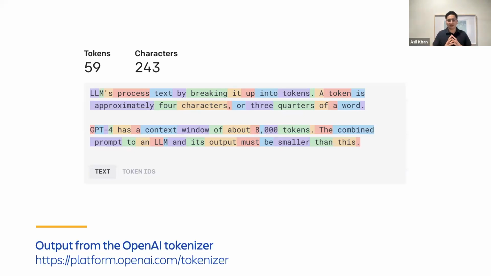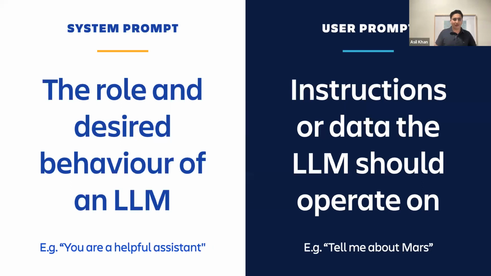There are two ways to prompt an LLM to get it to do what you want. Those can be broken down into the system prompt, which is a way for an LLM's vendor and an application's vendor to define the role and desired behavior of an LLM. Basically, what's its role? What is it trying to do?